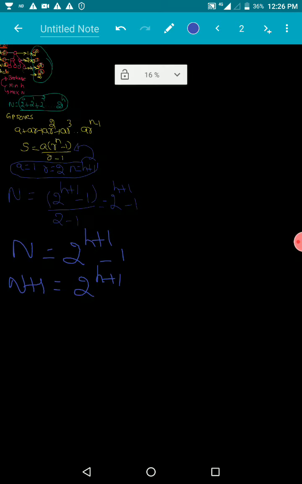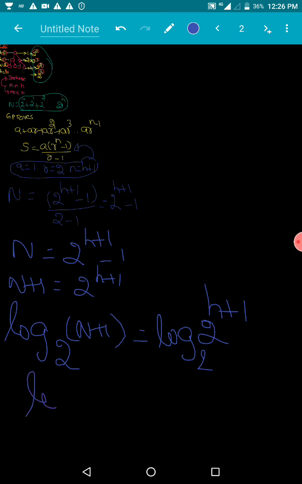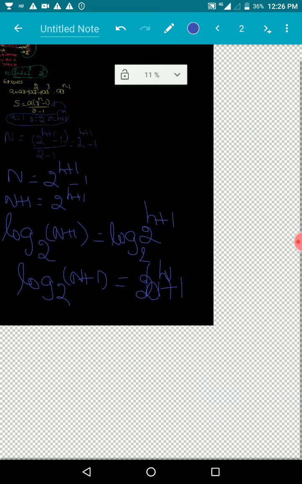I will take log base 2 on both sides. So log 2 of n plus 1 is equal to h plus 1.